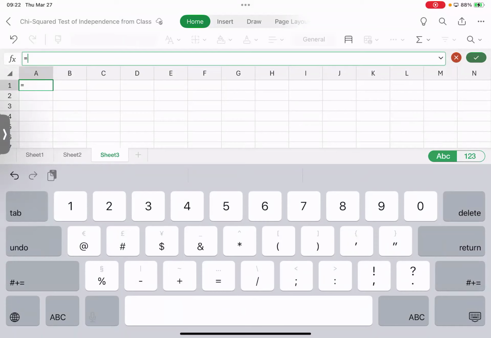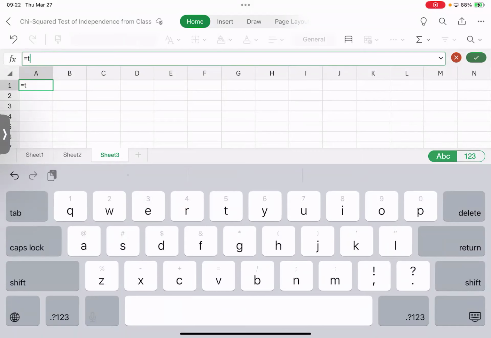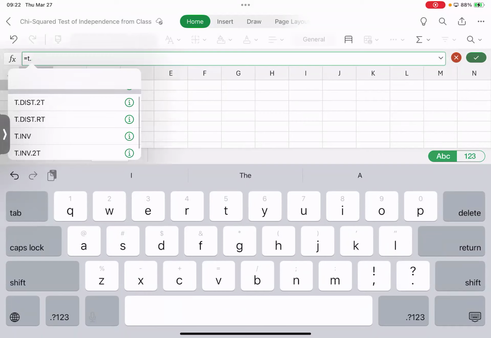Start fresh. Okay, let's see what comes up if I go t dot dist. Aha, I knew it. I've got t dot dist regular. I've got t dot dist dot two tail, which is going to be in both the tails.